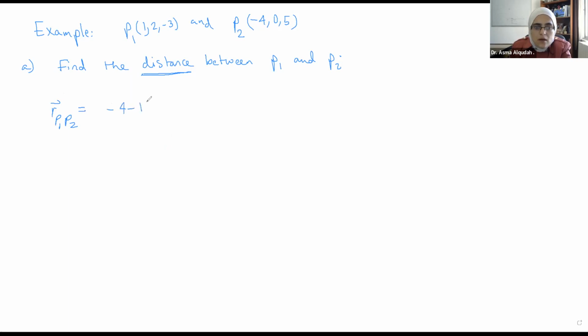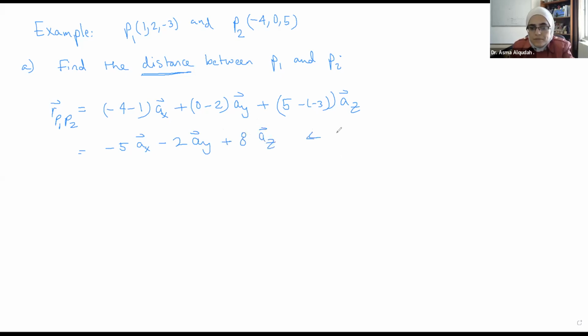Minus 4 minus 1 a sub x plus 0 minus 2 a sub y plus 5 minus 3 along the z, which is equal to minus 5 a sub x plus minus 2 a sub y plus 8 a sub z. So this is the distance vector or the displacement vector.